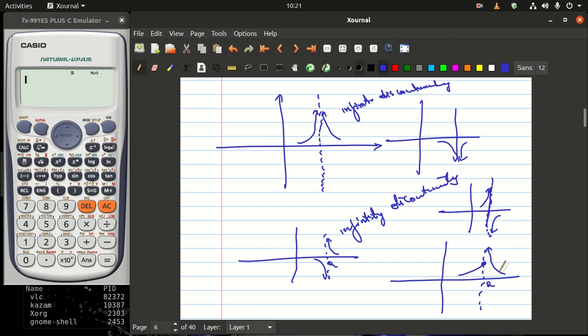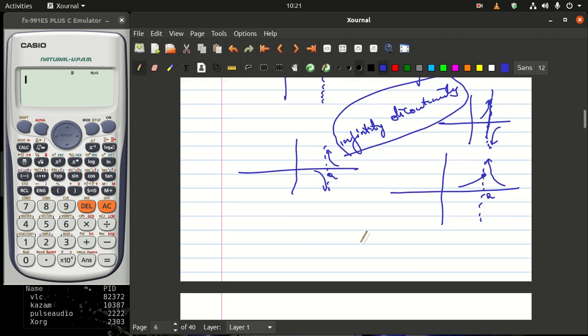And also this one here, because this one is going all the way up to infinity, it keeps going all the way. This is also infinite discontinuity, even though this one is going to negative infinity and this one is going to positive infinity. Everything that revolves around something infinity, those discontinuities, we call them infinite discontinuity.